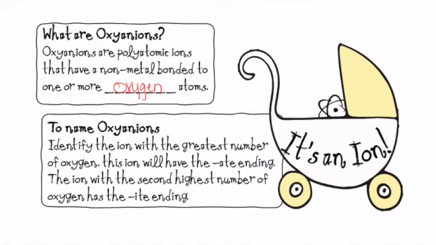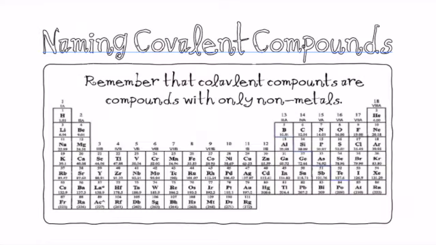To name oxyanions, identify the ion with the greatest number of oxygens. This ion will have the "ate" ending. The ion with the second number will have an "ite" ending. These are ions that you are going to need to memorize. So look at the polyatomic ions on the very first sheet of this packet.